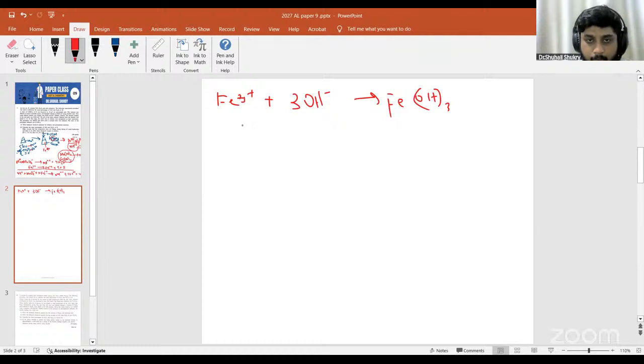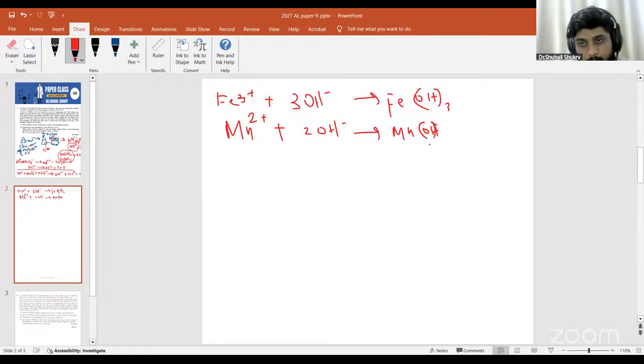At the same time, Mn2 plus ions will take 2 OH minus ions, and it will go as manganese hydroxide. Right. So these are the reactions that take place in this.